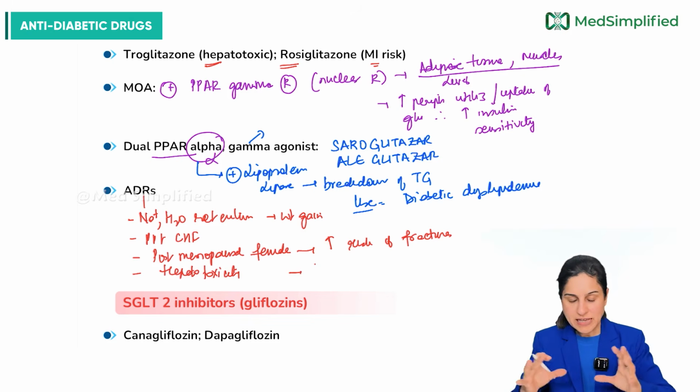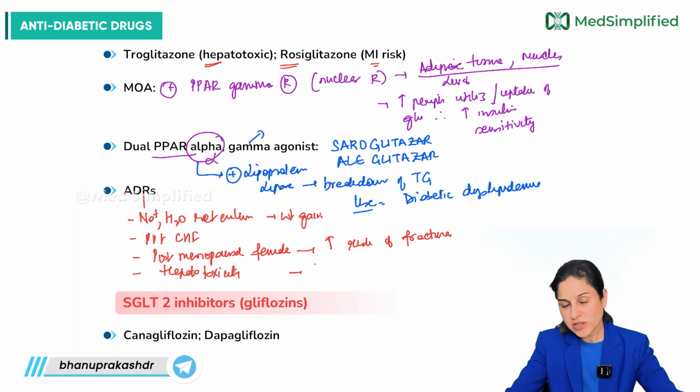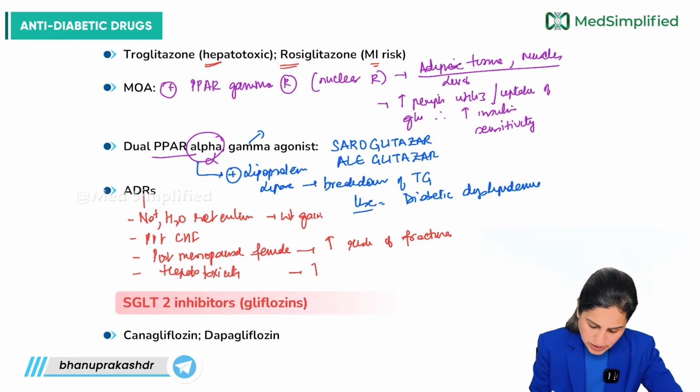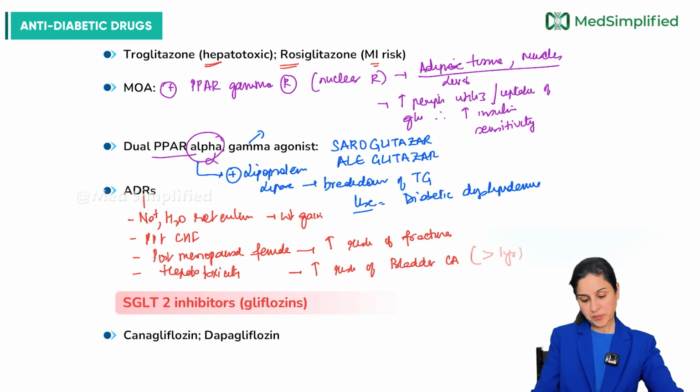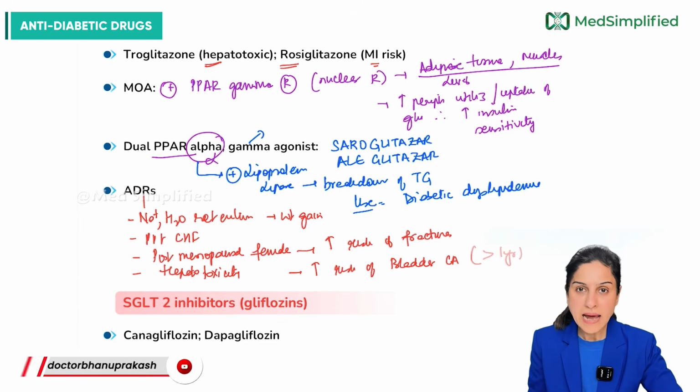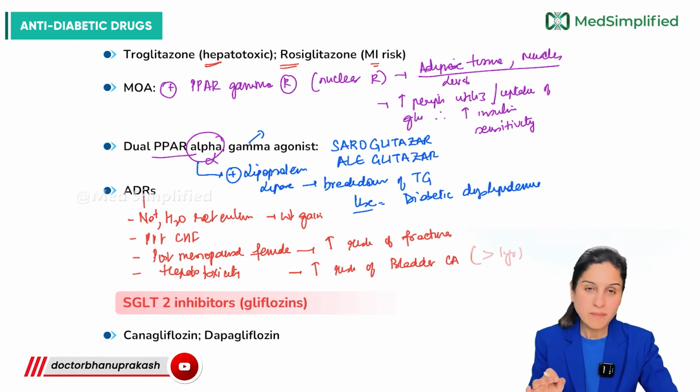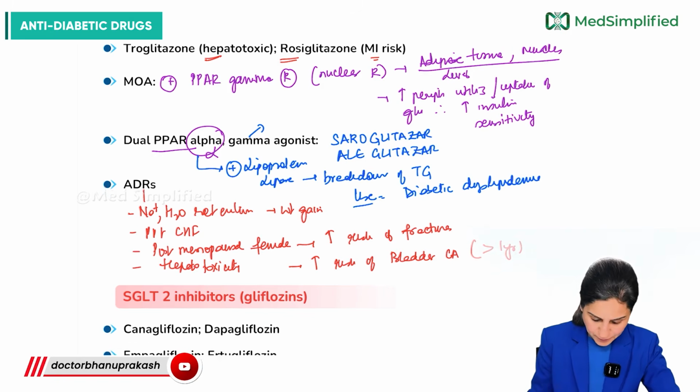Pioglitazone, if we use it for a long period of time, like more than 1 year, there is an associated increase in the risk of bladder cancer. So these are the important adverse effects which you need to know about thiazolidinediones.